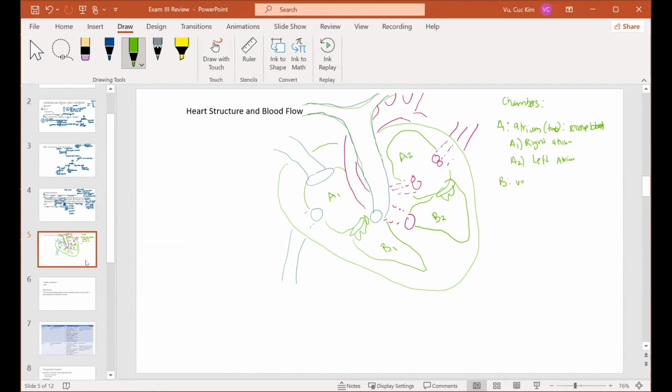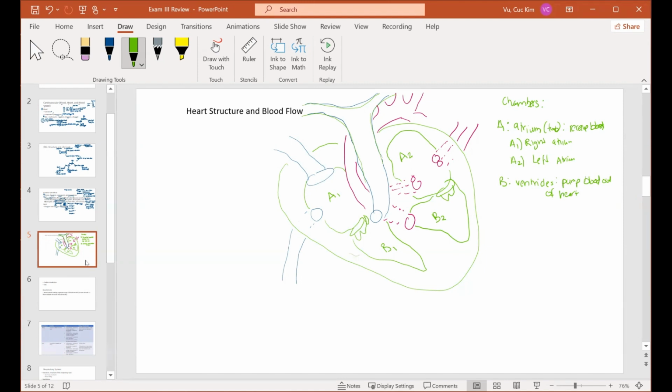And B are the ventricles. And the function of the ventricles are to pump the blood out of the heart. So it makes sense that, which one's more muscular, atriums or ventricles? The ventricles, right?